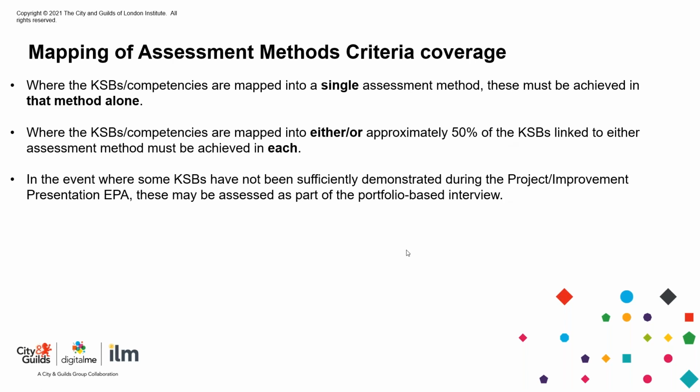In the case where after the project presentation and question and answer, there are still some KSBs which are not being sufficiently met during this assessment method, these may be picked up by the independent endpoint assessor as part of the portfolio-based interview.